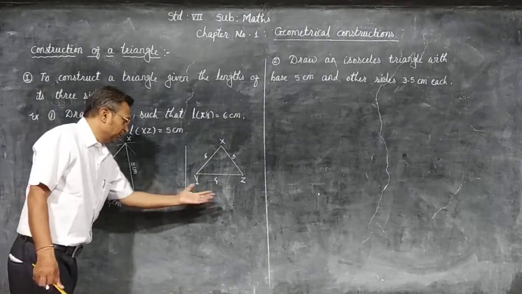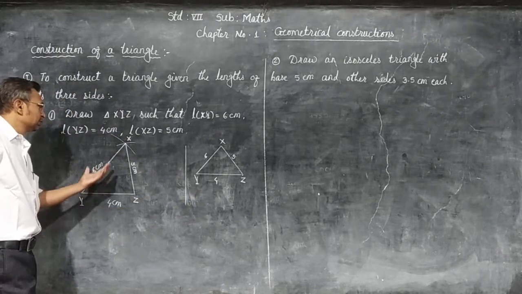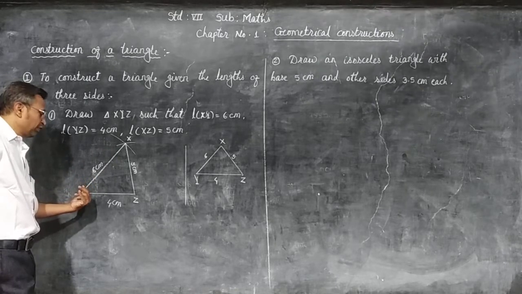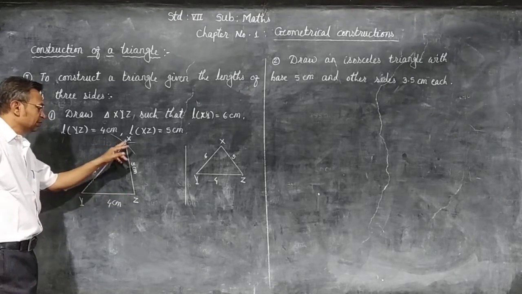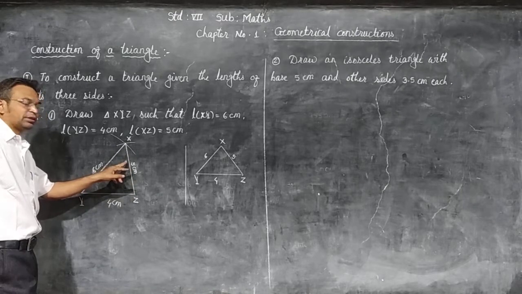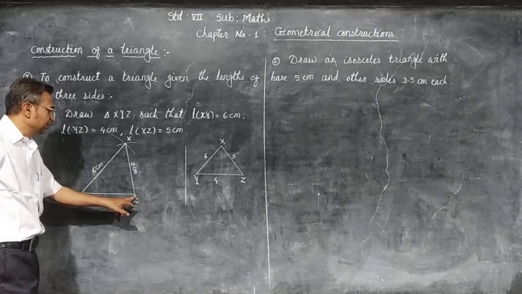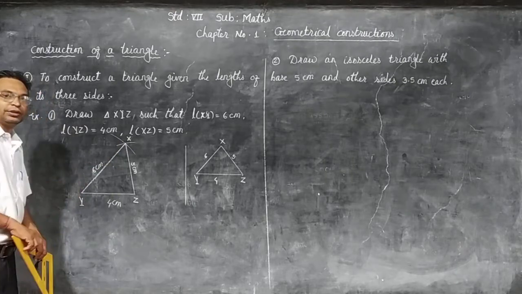First we draw the base YZ, then in compass we take the distance 6 cm, put the iron point on vertex Y and make an arc. Again, the distance of the segment XZ is 5 cm, take the distance in compass, put the iron point on the vertex Z and make an arc, we get the point X and then join.